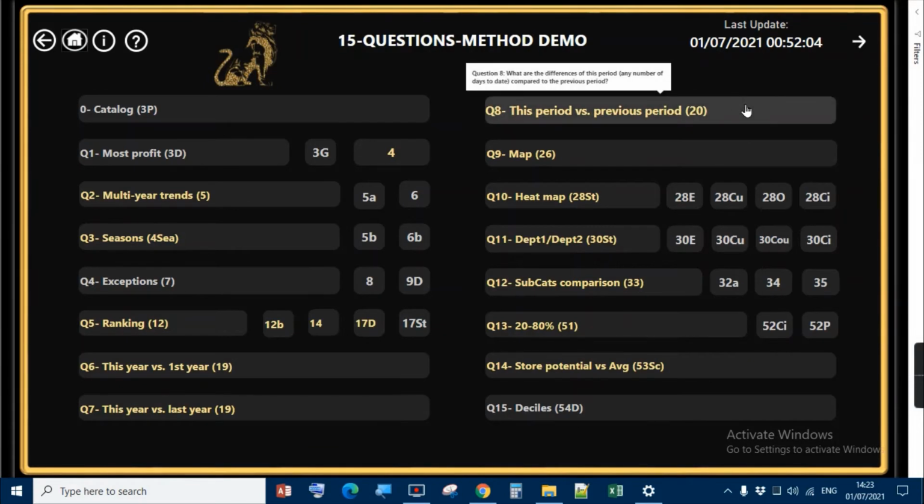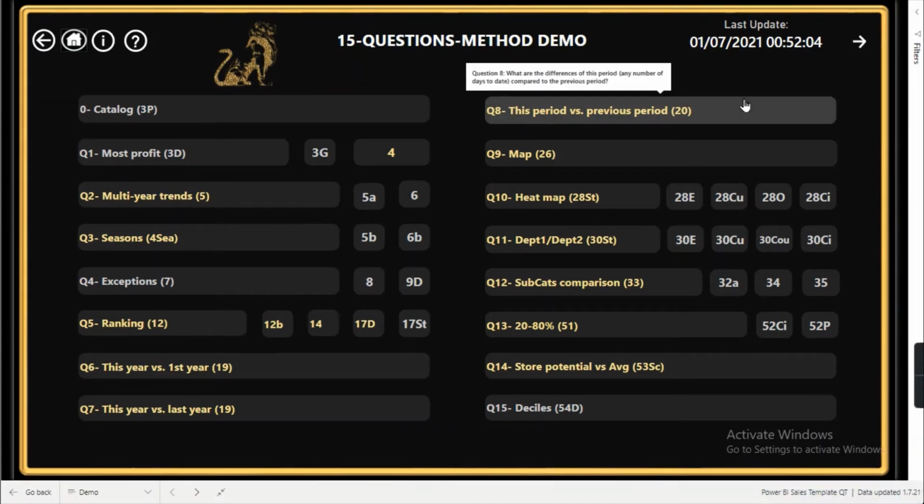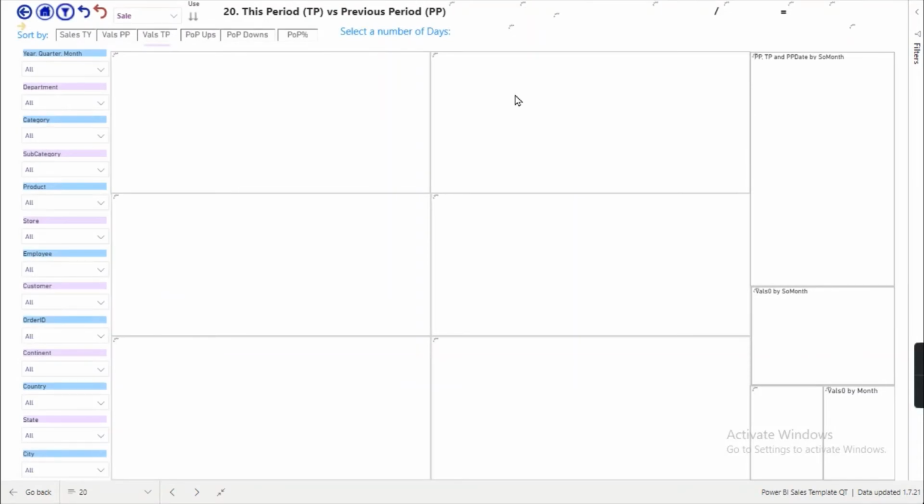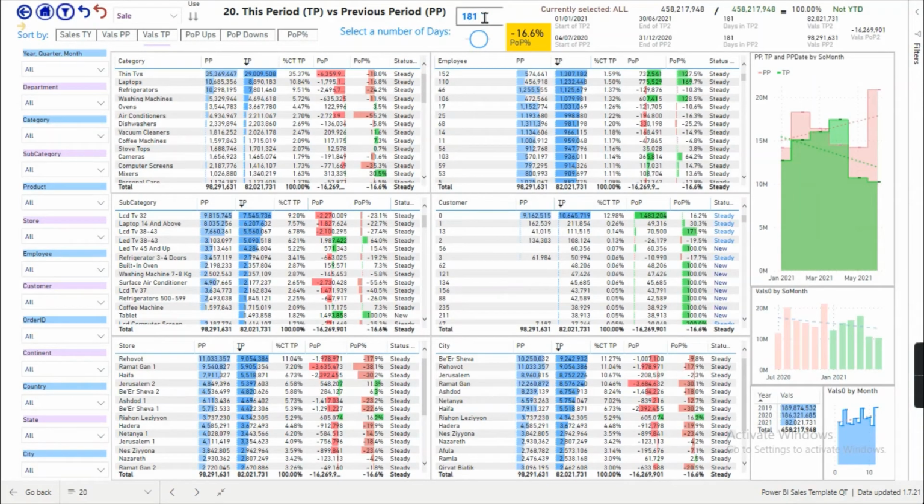Question 8. What are the differences of this period in number of days to date compared to the previous period? Page 20. A period is a number of days. I took here 181 to get a period from the start of January to the end of June.